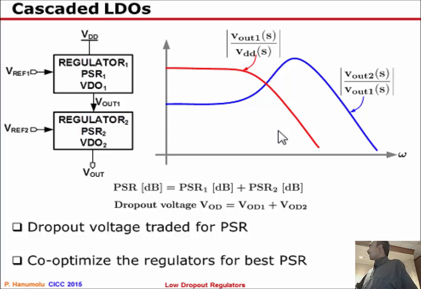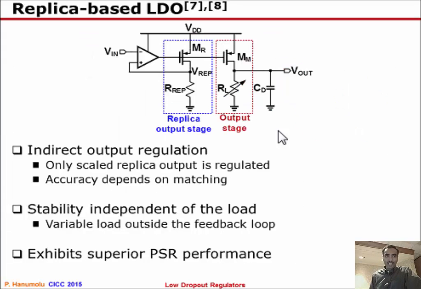For example, if the first LDO looks like this, the second LDO can look like this because you have good rejection at this frequency. So there is no need to optimize both LDOs to give the world's best power supply rejection, but the cascading effect has to be considered in the design. But generally this is not very practical, at least for low supply voltages, because the dropout voltages add, even though the power supply rejection ratios add in the dB scale.